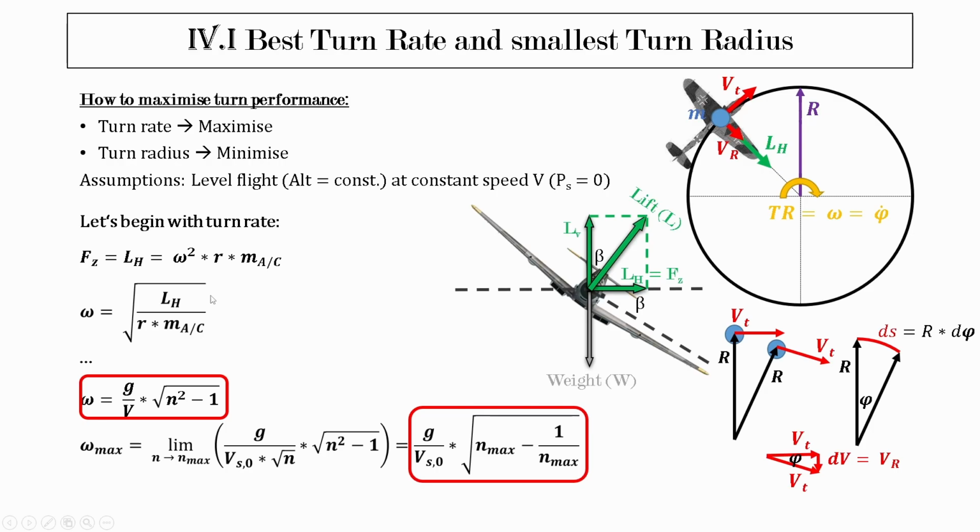Unfortunately, this equation here is not quite useful because there are quantities in here that we cannot determine in flight, that we cannot control, that we cannot monitor, and that we cannot grasp so easily. So at the moment, this is not really telling us a lot.